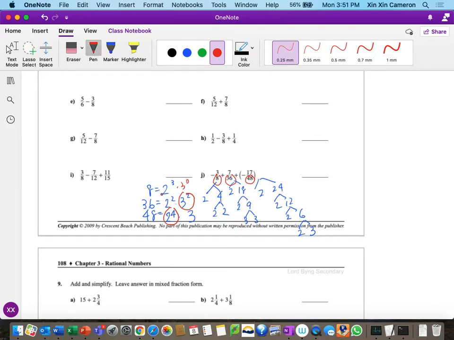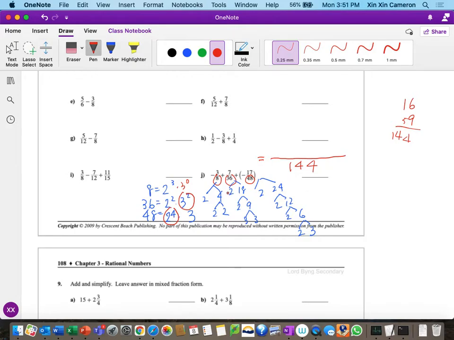So between 8, 36, and 48, the common denominator will be 2 to the power of 4, which is 16, multiplied by 9. Either use your calculator or say 16 multiplied by 9. Then that is 144. Okay? So my common denominator is 144.